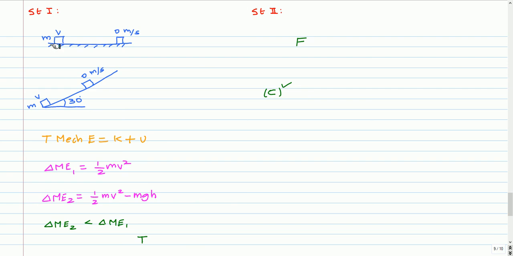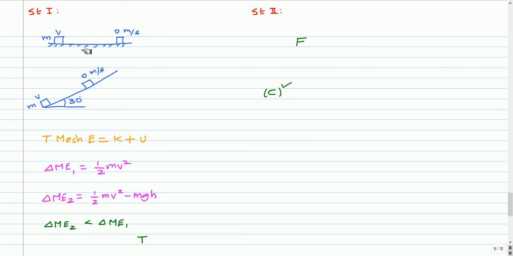Statement 1 says that the block of mass m with velocity v moves a distance and its speed becomes 0 because of the friction on this surface. And when this surface is tilted by an angle 30 degrees, and it's given the same initial velocity, it will move up a certain distance and the velocity will become 0. So you have to compare the loss of mechanical energy in these two cases. Total mechanical energy is kinetic energy plus potential energy.